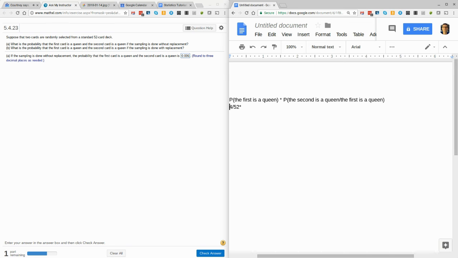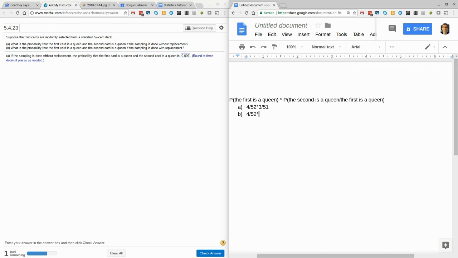So this is part A here, and this will be part B. Like I said, those probabilities are the same, okay? But without replacement, if you don't put the queen back in the deck, then when you go to pick your second queen, there's only 3 queens left to pick, and there's only 51 total cards because that original queen has been removed.